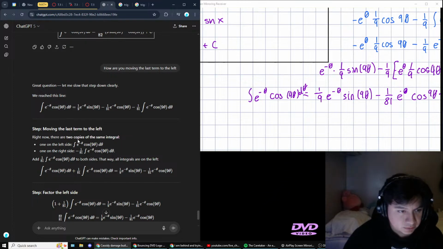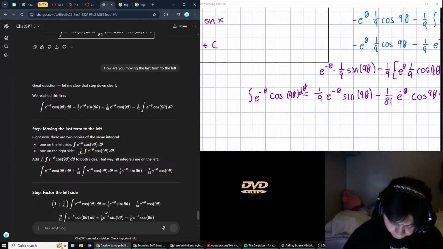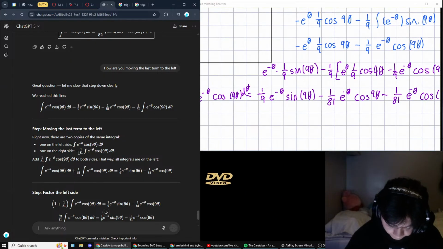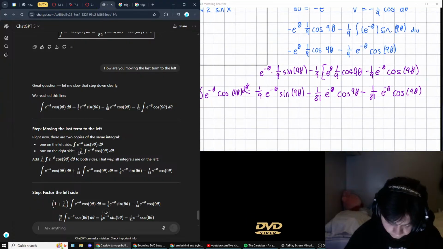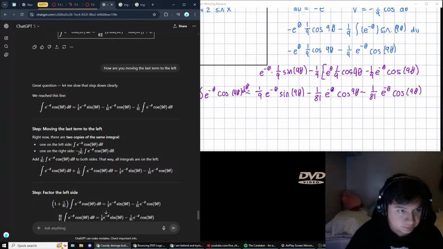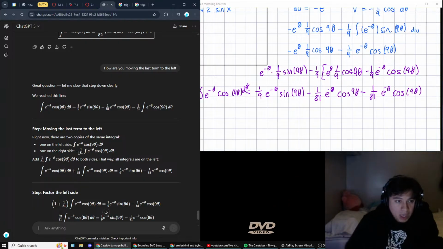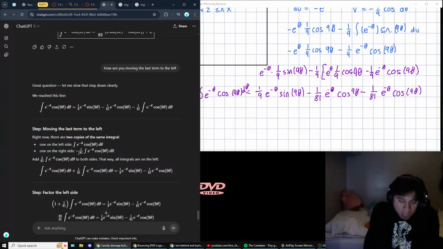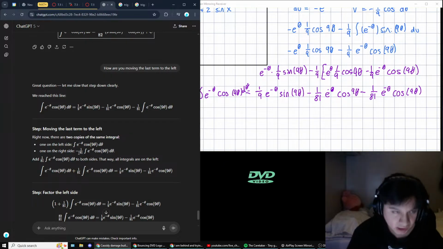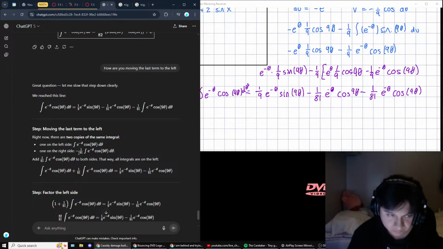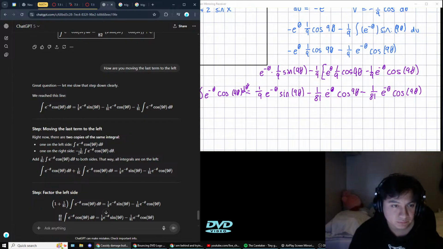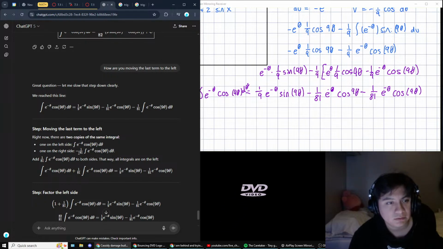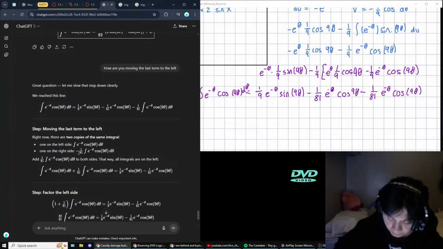One on the left side and one on the right side. Yes, there is. Yes, there is. Minus 1 over 81 e negative theta cosine 9 theta minus 1 over 81 e, the integral.